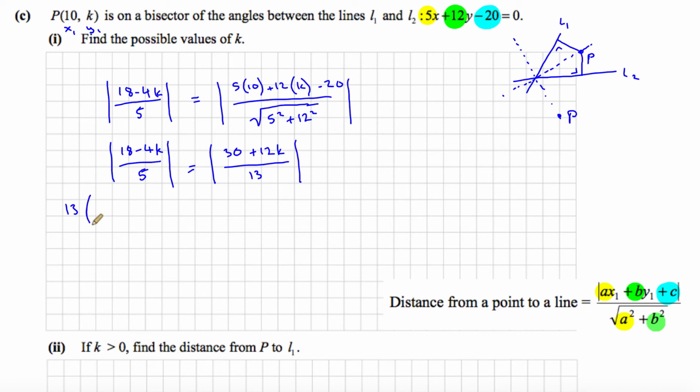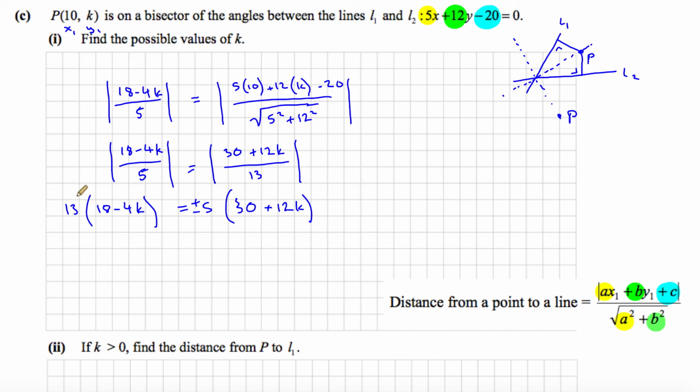So 13 multiplied by 18 minus 4k will be equal to 5 multiplied by 30 plus 12k. But because of the modulus being equal to the modulus, you have to say it's plus or minus that.